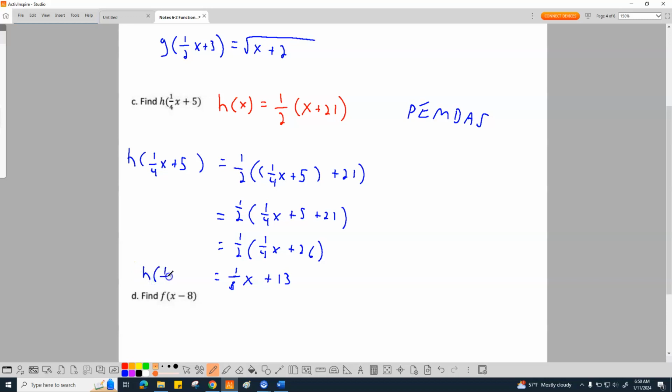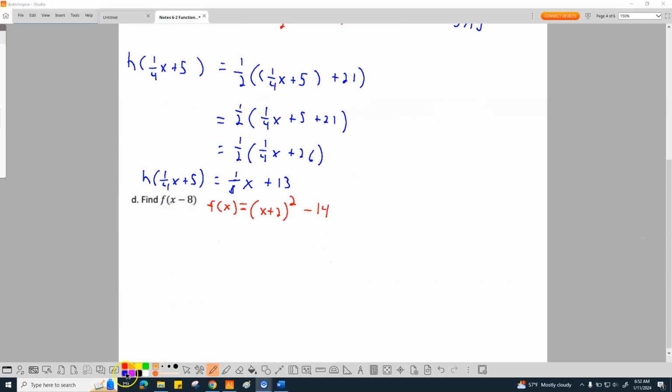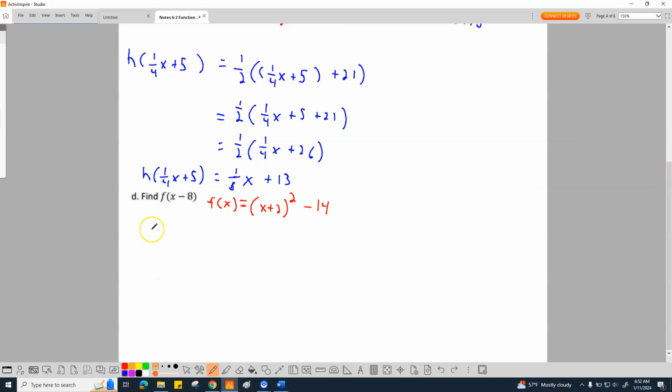h of 1/4 x plus 5. All right. Let's see how many more we have to do. All right, I have this copied down, f of x. So the same business right here. We're going to make sure that we plug in everything correctly.